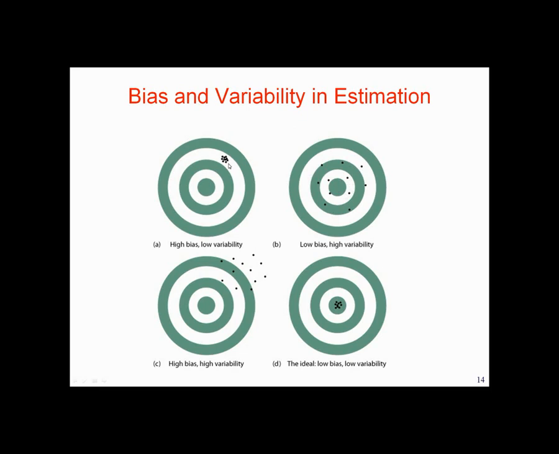If you look to the left side, to the upper panel, you see that we have a very low variability in panel A, but we are really off the middle of the target, so you clearly see there's a bias. And in panel C, in the lower left-hand side corner, you see that you are not only having a high variability, but you are also off the center of the target.